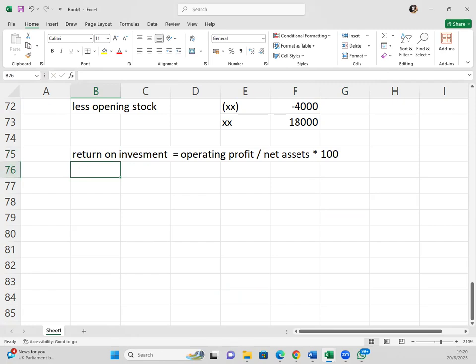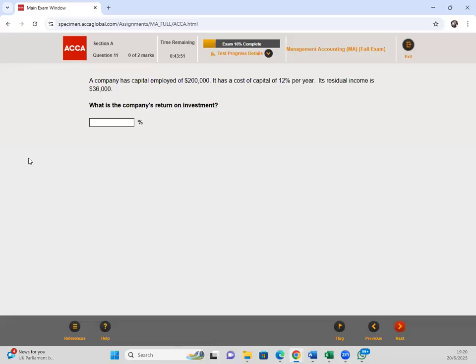But going to the question, do we have the operating profit? No, residual income is not operating profit. We don't have the operating profit. We have the residual income. Yes, the capital employed is there. The net assets is the capital employed there. We can use capital employed. So what do we have?